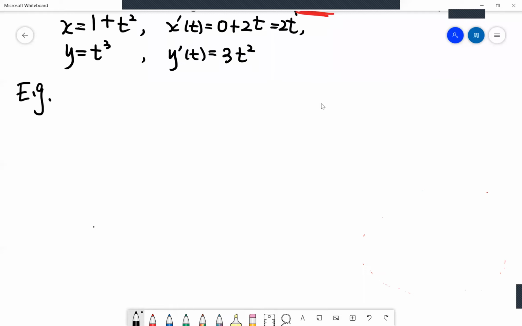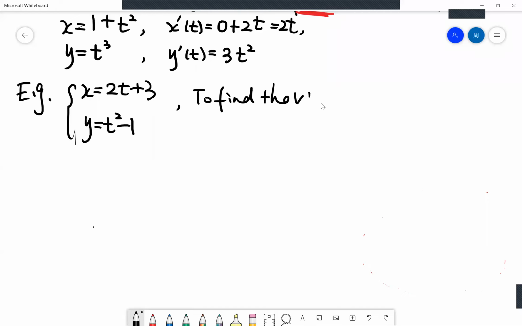That is the parametric equations, x equals 2t plus 3 and y equals t squared minus 1, and then please find the value of dy by dx at the point t equals 6.